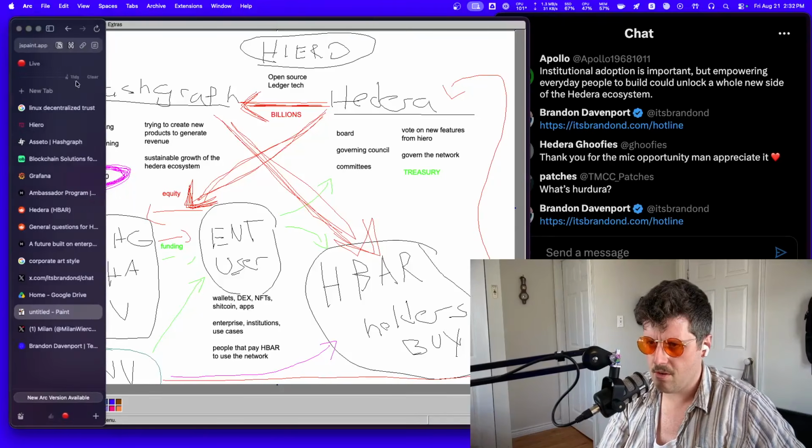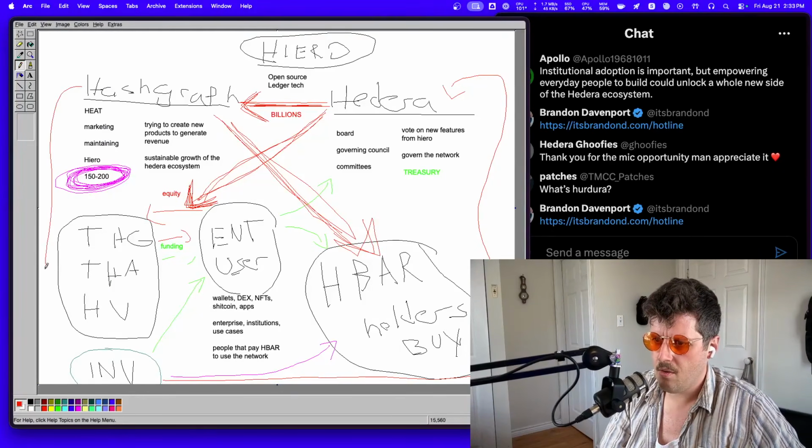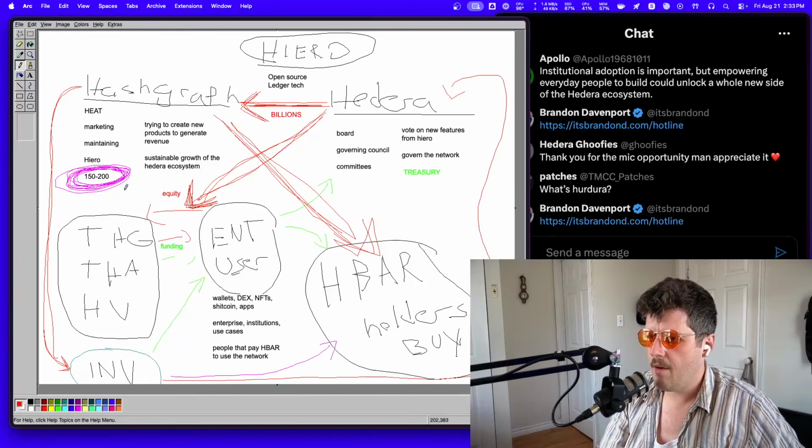Oops, that was a horrible line there. We'll have Hashgraph making investments as well, right? So they want to invest in things like IO Builders. They want to invest in products and companies that could earn them revenue as well. And this is just going off of what's been published in different things.